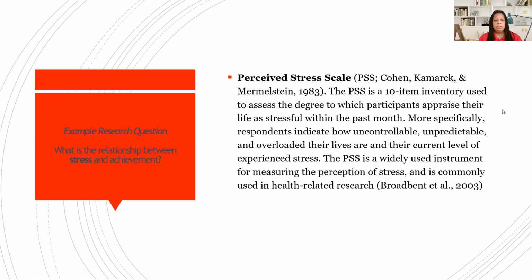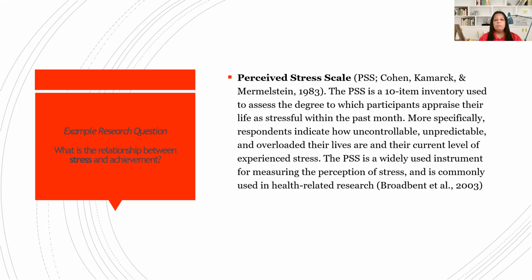Here's an example research question: what is the relationship between stress and achievement? Here they used the Perceived Stress Scale, and it says who it was written by. It is a 10-item inventory used to assess the degree to which participants appraise their life as stressful within the past month.